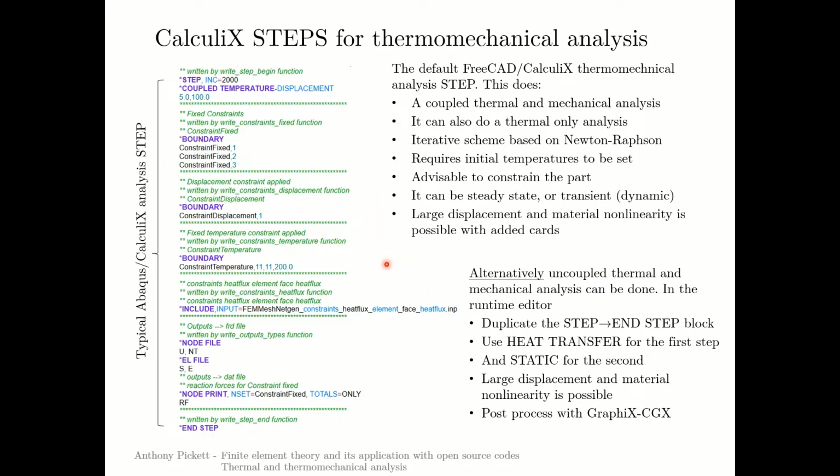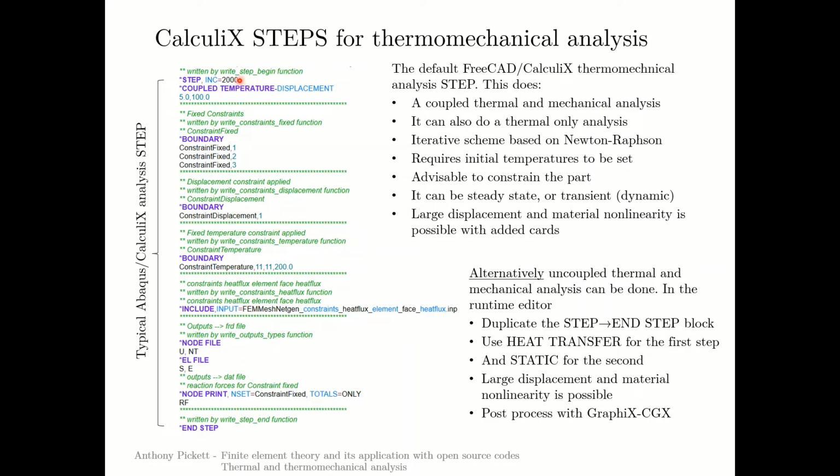An alternative to this is to do as I mentioned, and I will show you how this works. We can duplicate this. So you copy that whole block and you put it down here, cut and paste. For the first analysis here, you would put heat transfer, comma, steady state.